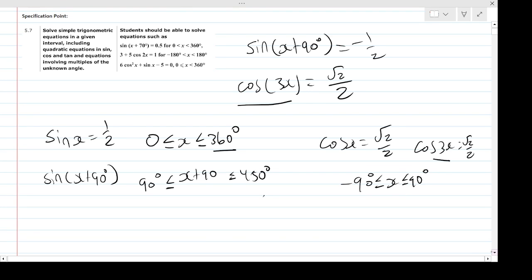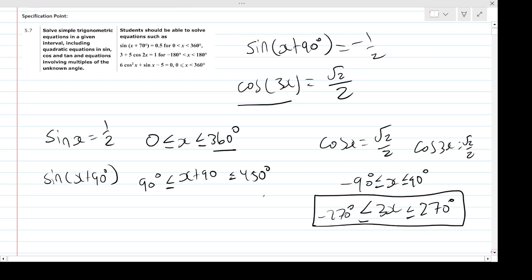To compensate for now having 3x, we again need to match that. So instead of x, we need 3x, and that means we need to multiply everything by 3. So minus 90 times 3 is minus 270, and 90 times 3 is positive 270. That is our new interval we need to find our answers in. Once we adapt our interval, it's pretty much exactly the same. We're going to look at some examples now to put that into practice.